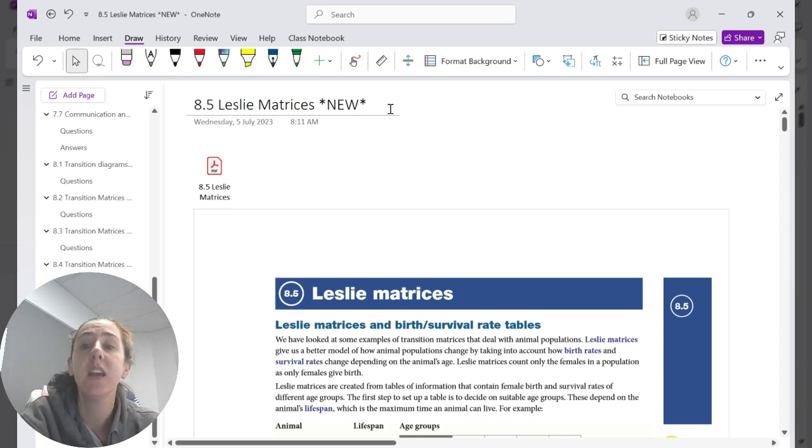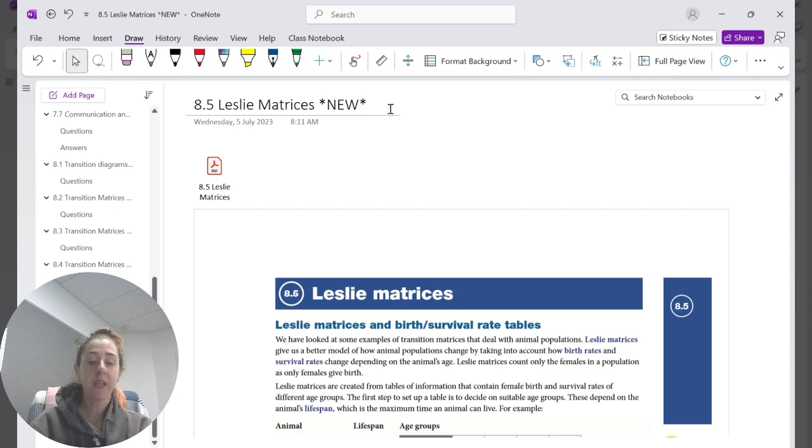Remember, all of the SACs for this subject are going to be that more investigation style. Don't be disheartened with your results if you are finding the investigation style difficult. The exam still comes back to one that is multiple choice and one that is more of a short answer. They are moderated against, like your SAC is moderated against your exam results.